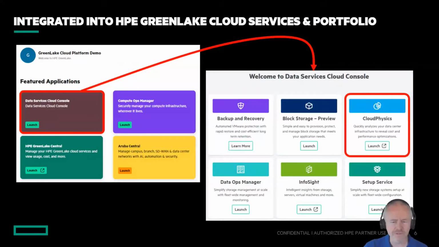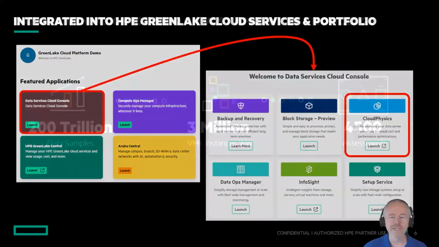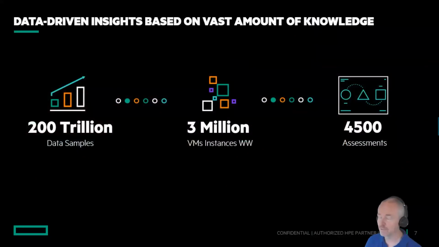Aruba Central for the networking is all in here. And so CloudPhysics is in here as well. So it's not a new tool, because a lot of people say, hey, it's a new tool, forget it. No, it exists already for many years. These were the last numbers that I found officially, from January 2022. Meanwhile, it's much more already, but it's also all about the data samples that they are taking of your existing environment.